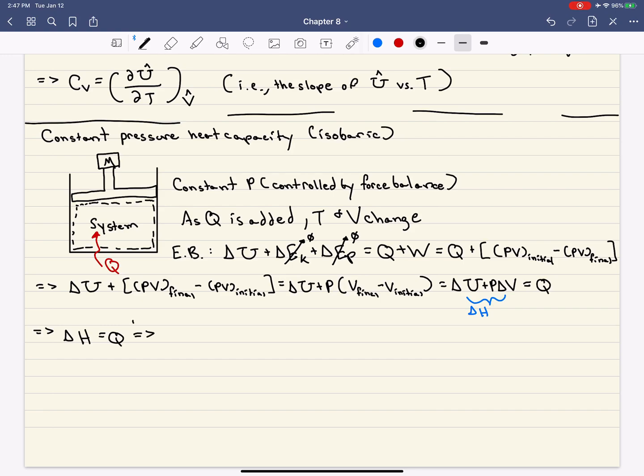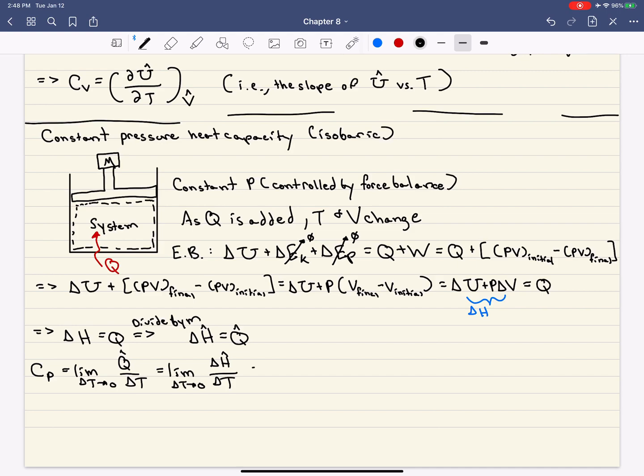If I divide both sides by the mass, I have specific enthalpy change is equal to the specific heat. And so, if I now go back to the definition of the heat capacity, and I'm going to put a subscript P because now we're at constant pressure, specific heat over delta T, the specific heat term can be replaced with the specific enthalpy.